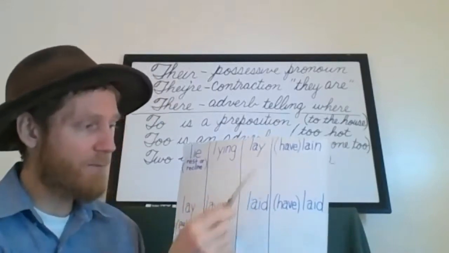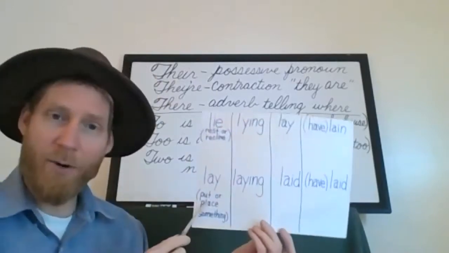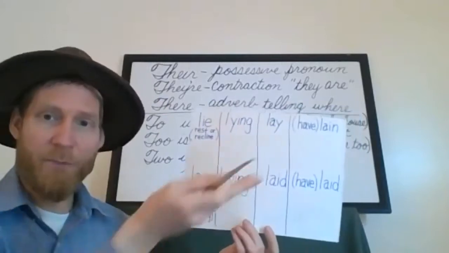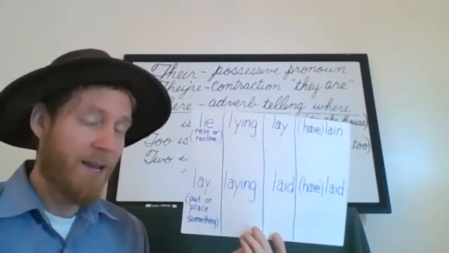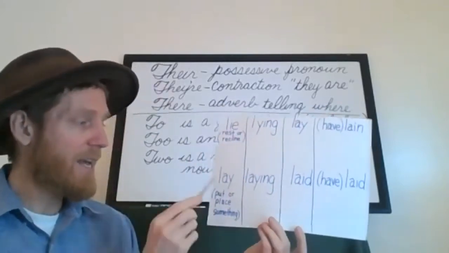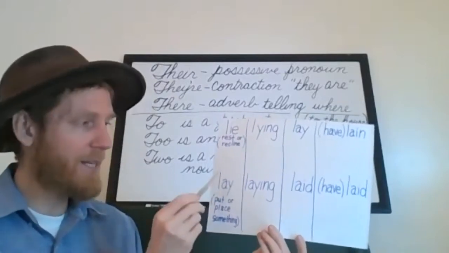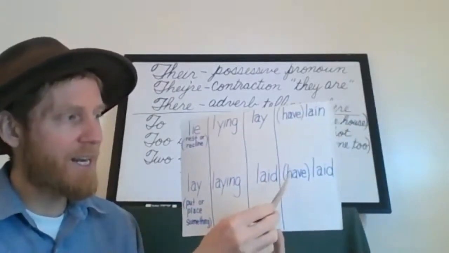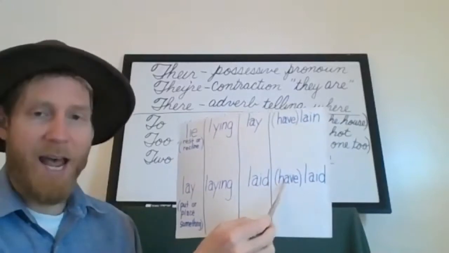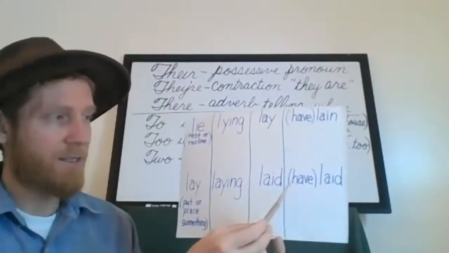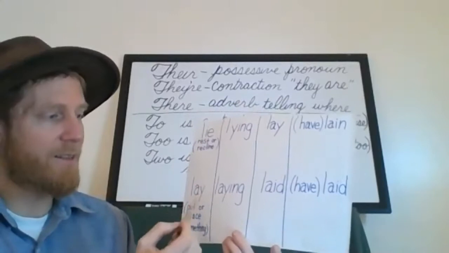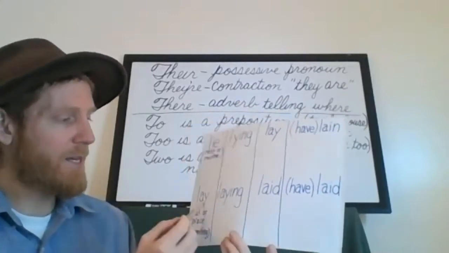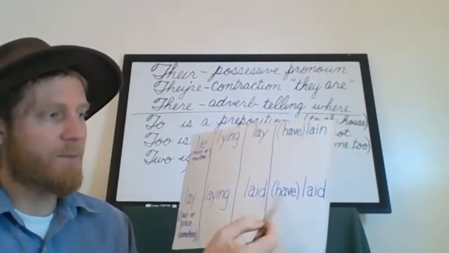And that's the part that gets confusing because lay is another word with another meaning, to put or place something. So that's why it can get confusing. Lay, put or place something. Lay, laying, laid, have laid. This one, have or has, laid, okay? The past is laid. This one's a little easier because it pretty much stays the same, especially here.